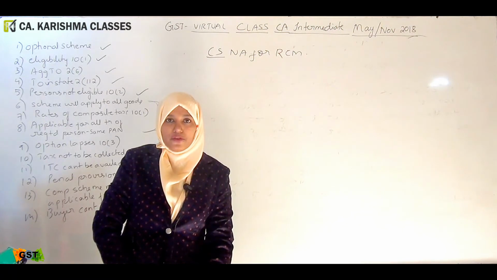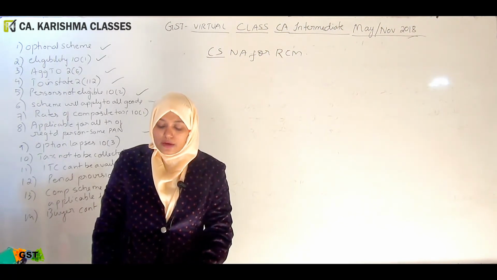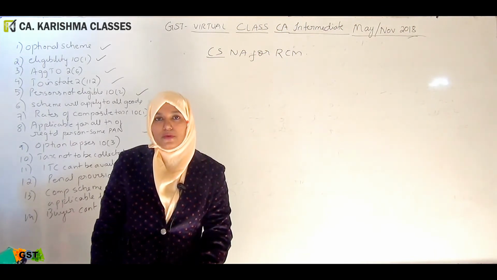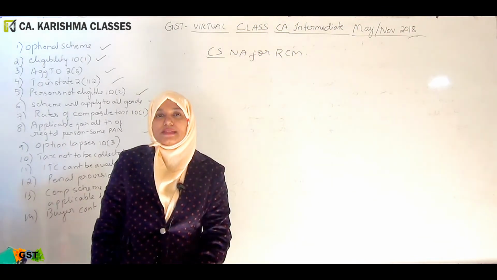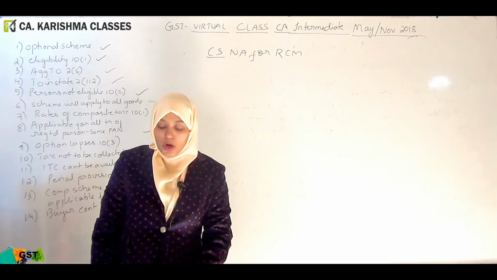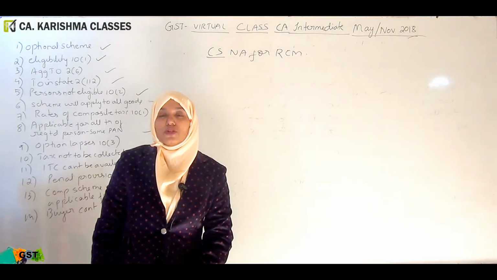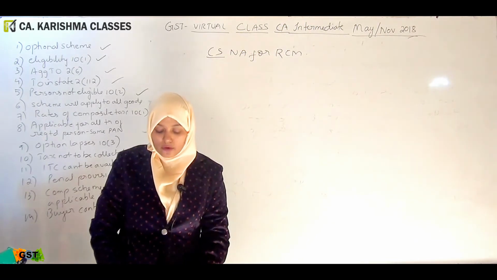I'll just read it out for you, try to understand. Section 10 starts like this: notwithstanding anything contained in this Act but subject to the provisions of 9(3) and 9(4). Section 10 subsection 1 starts like that. I'll repeat again. Notwithstanding anything contained in this Act, subject to the provisions of 9(3) and 9(4).